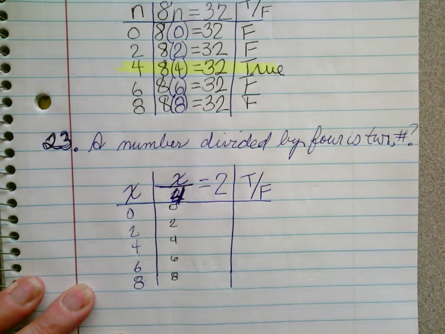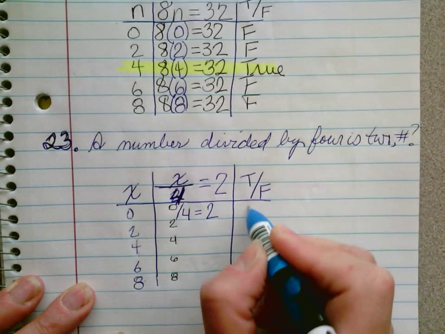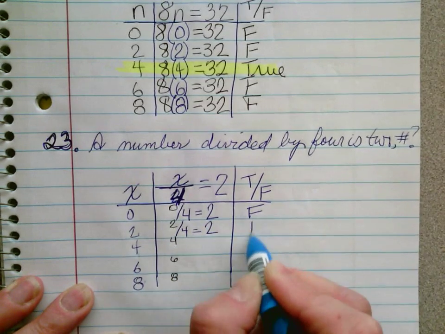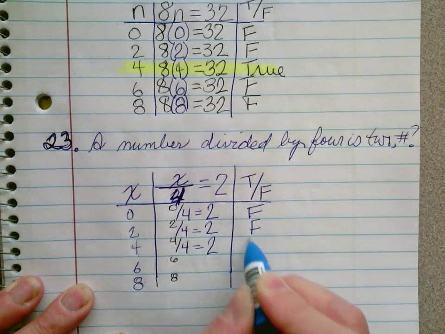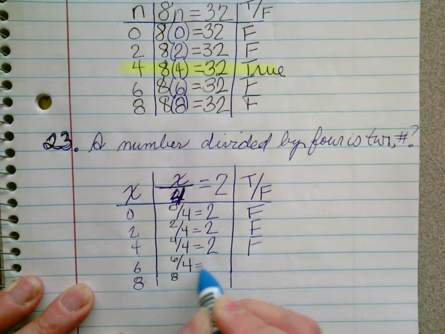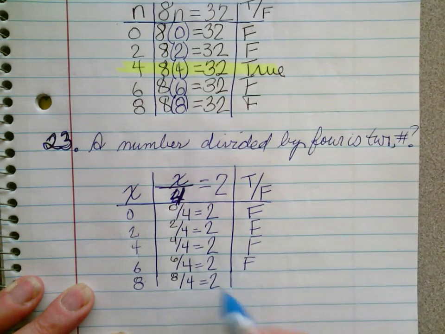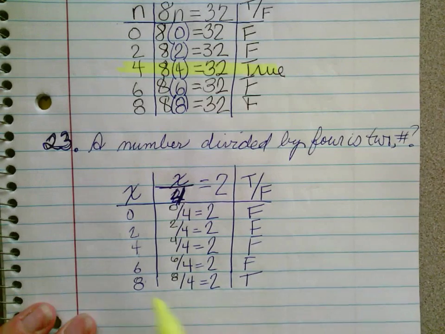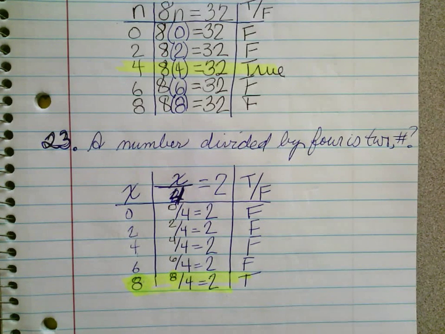Okay. 0 divided by 4 is 2, true or false, class? 2 divided by 4 is 2, true or false? 4 divided by 4 is 2. Yep. 6 divided by 4 is 2. 8 divided by 4 is 2. True. We've identified our truth, which is the variable 8. Okay? 8 is correct.